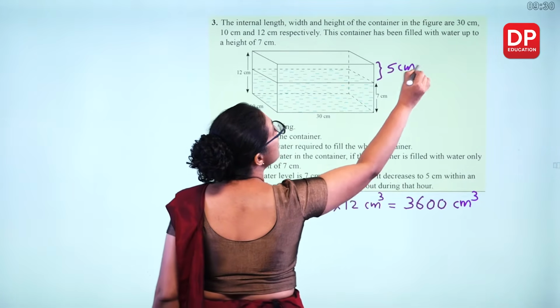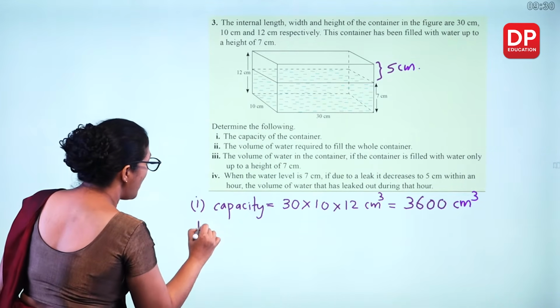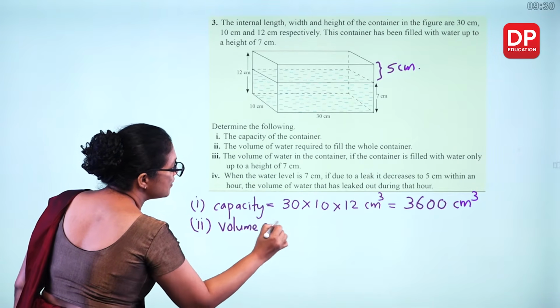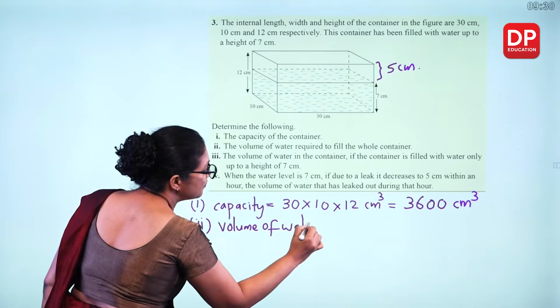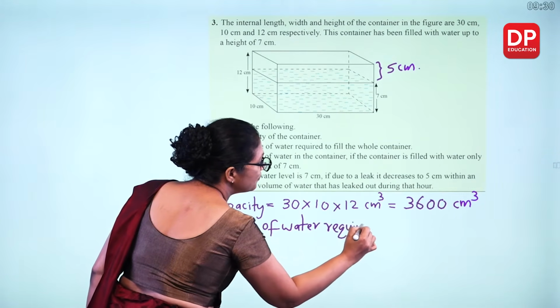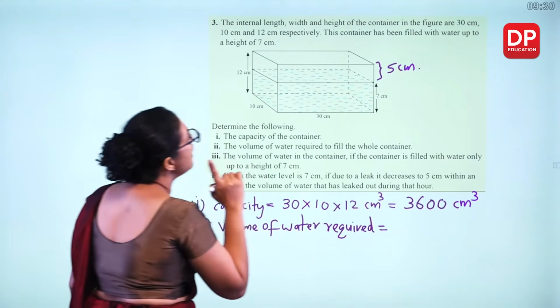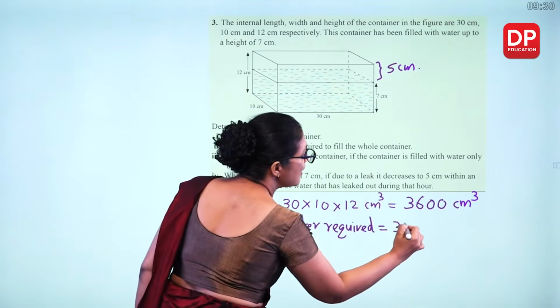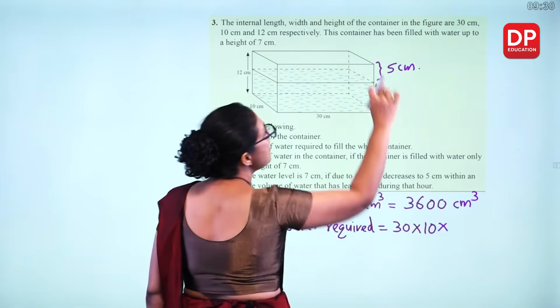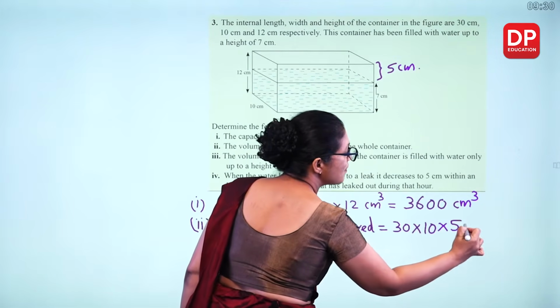So what's the volume of water required? Volume of water required is equal to length is 30, width is 10, and now the height is 5.